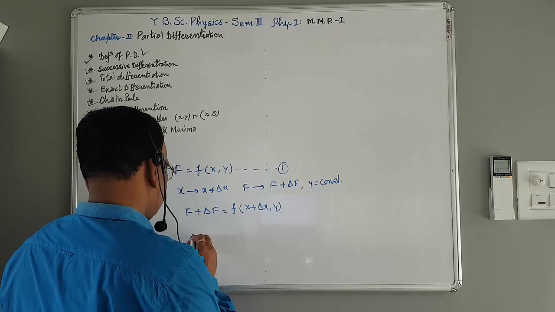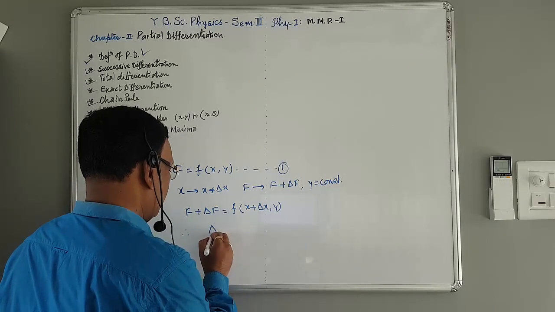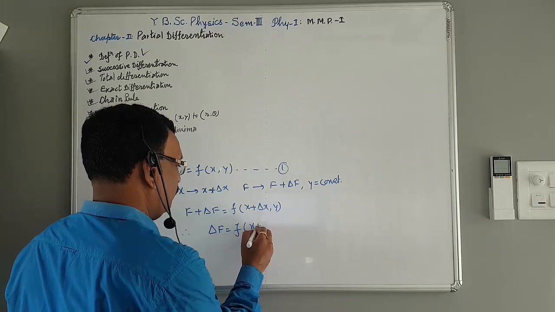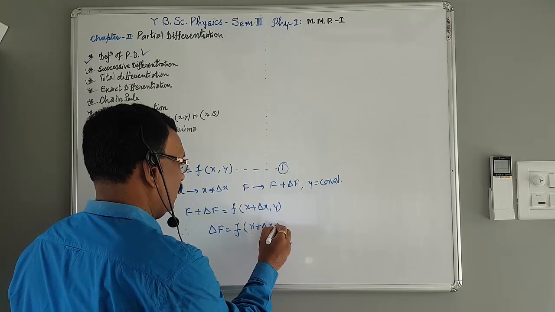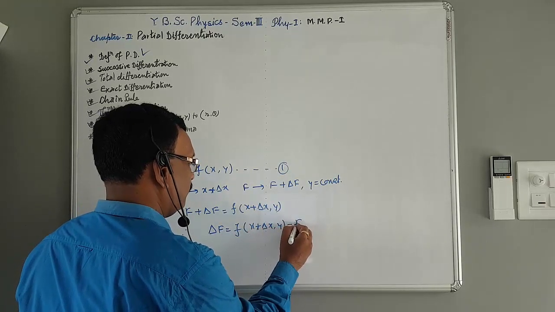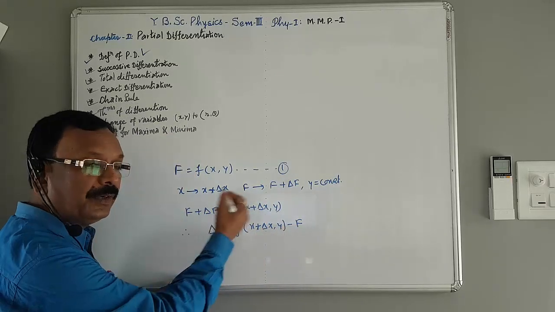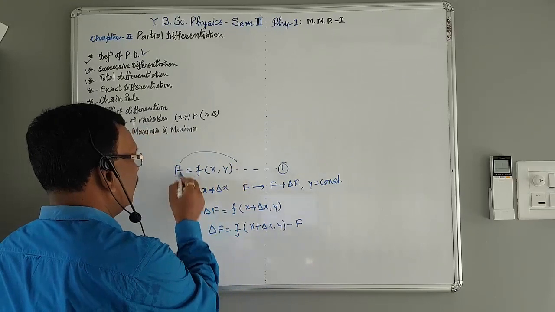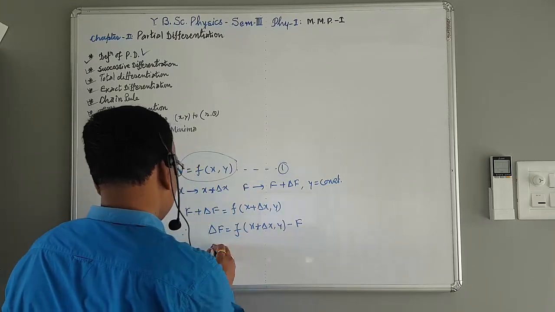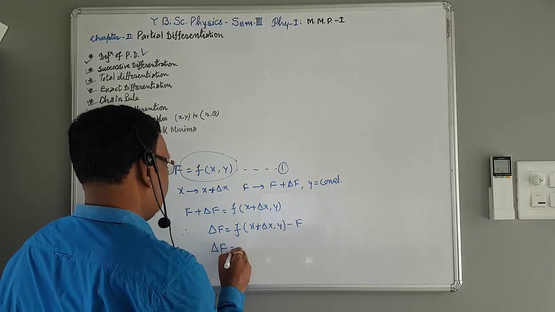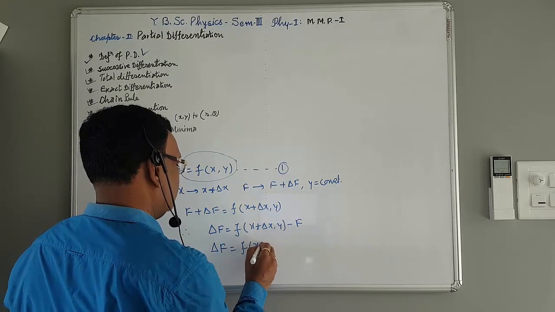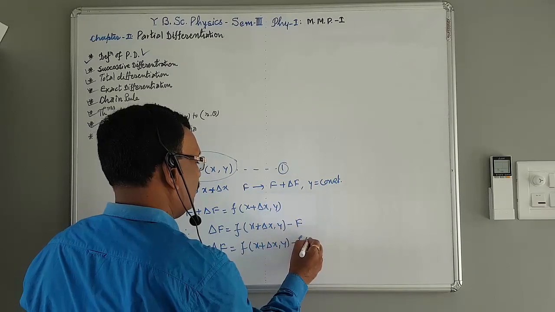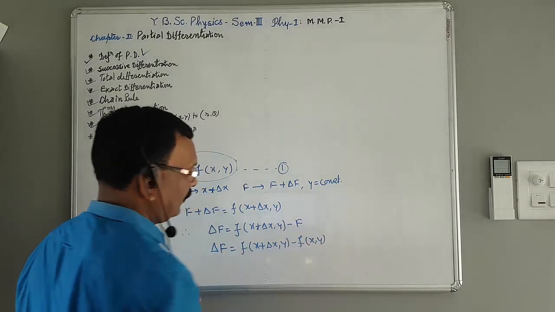Or from this we can write delta f is equal to f of x plus delta x comma y minus f. Take this f to the RHS of the equation, but what is f? f is nothing but f of x, y. Therefore we can write delta f is equal to f of x plus delta x comma y minus f of x, y.